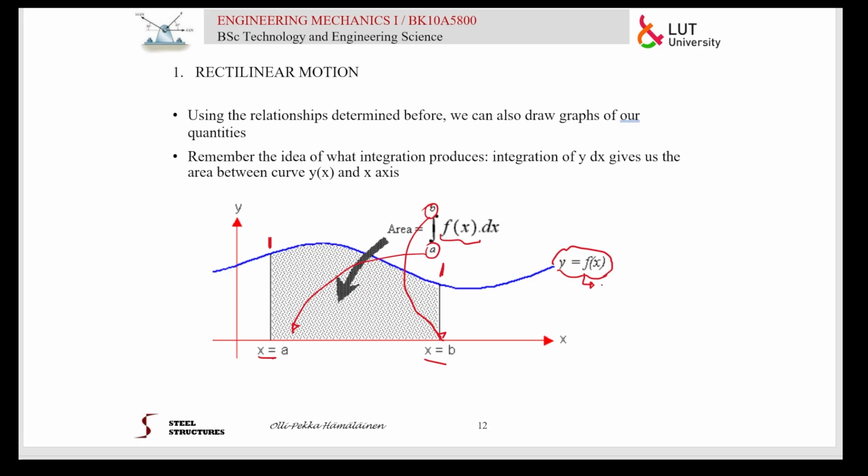and I take the integral of this, what I'm doing sounds simple, but maybe it's not, depending on the shape of this function here. If I take the integral of that, then what I'm doing is calculating this area here, the area under the curve bounded by those two limits, or integration limits. So imagine that this is the function or equation for acceleration.